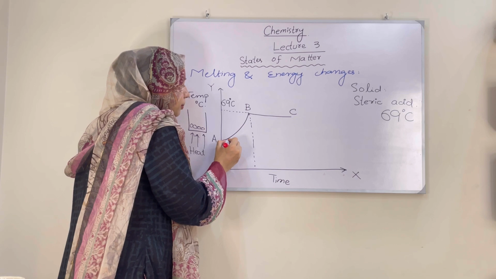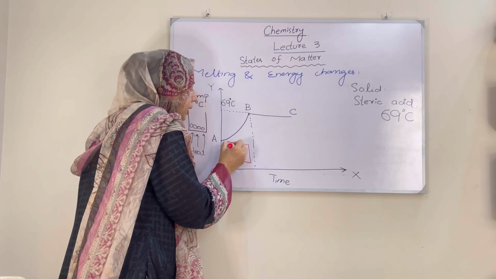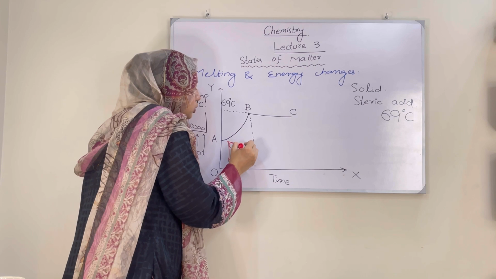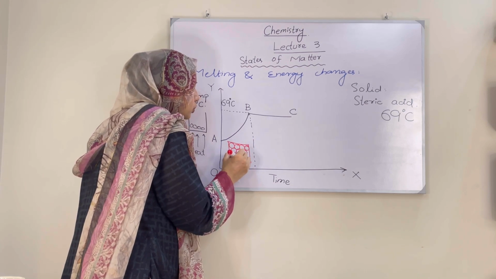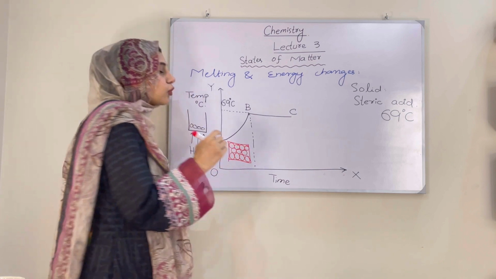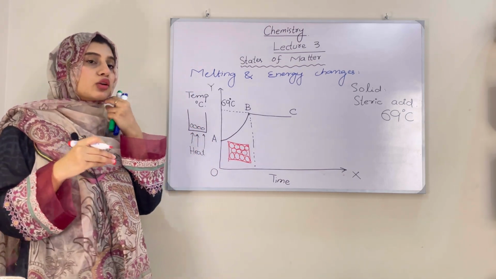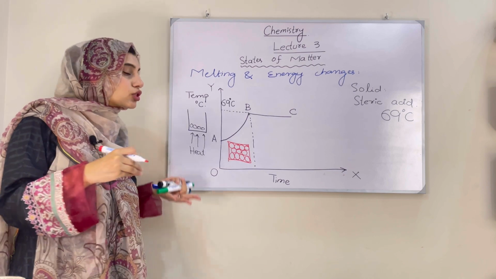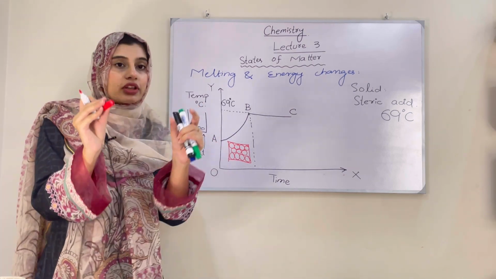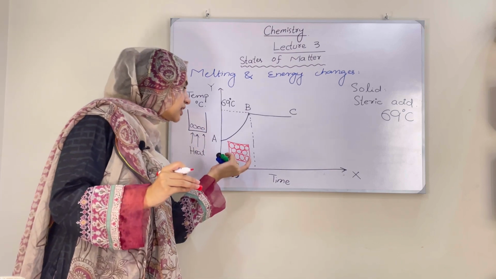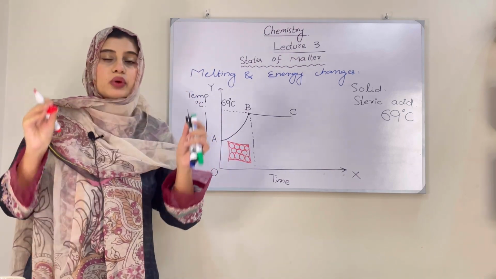If you remember the diagram of a solid, the particles are quite close to each other. When the particles are quite close, the intermolecular forces between them are very strong, and all of the heat is utilized to overcome those intermolecular forces.